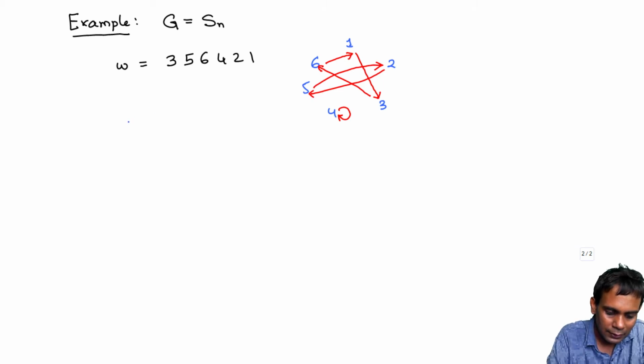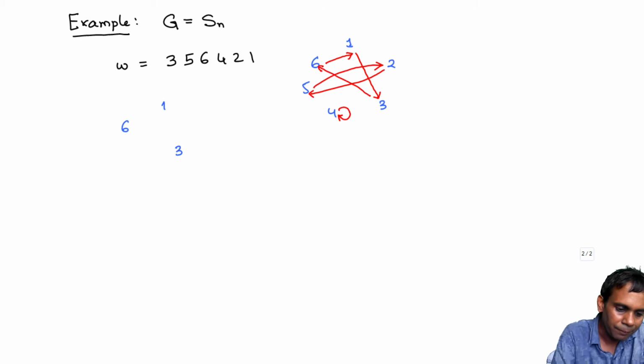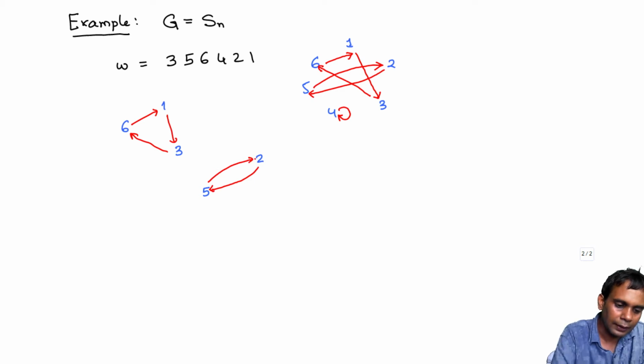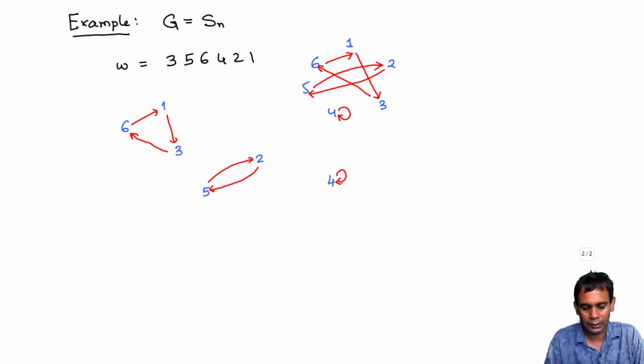So we have this cycle 6, 1, 3. Then we have another cycle which is 2 and 5. And finally we have this very small cycle which is just 4 goes to itself.